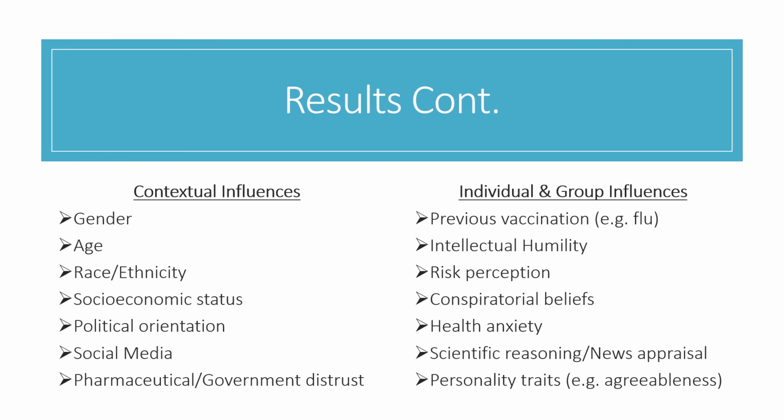Either way, it was related to vaccine hesitancy. And then scientific reasoning, as well as one's ability to accurately and objectively appraise news, is also a correlate. And then finally, there are various personality traits, such as agreeableness, that have significant correlations to vaccine hesitancy.